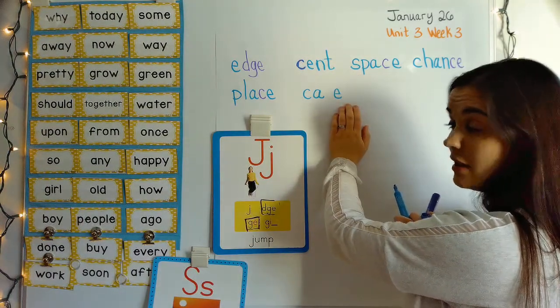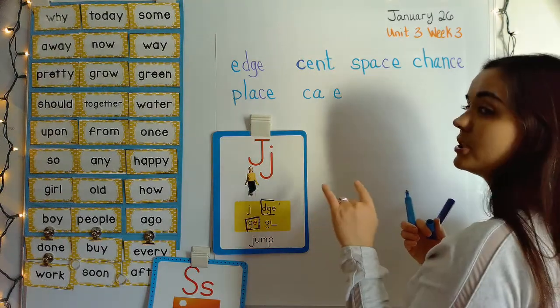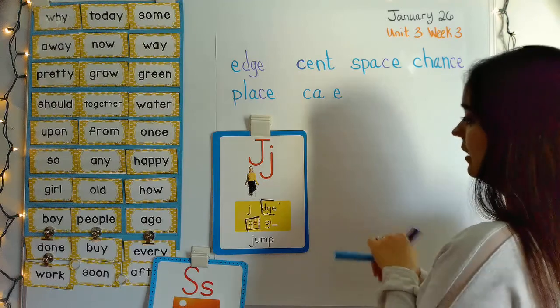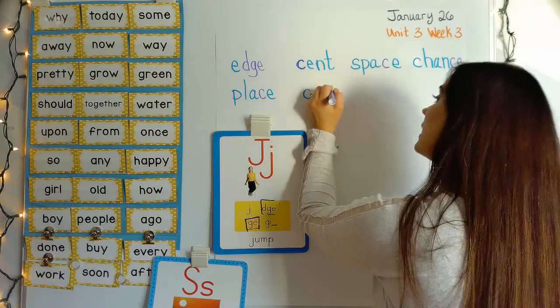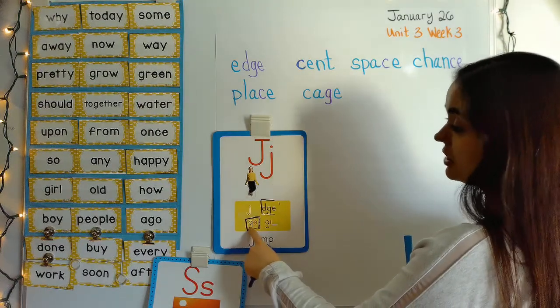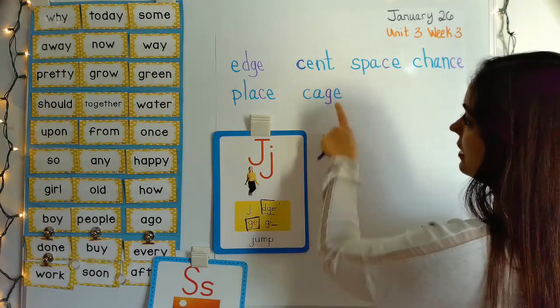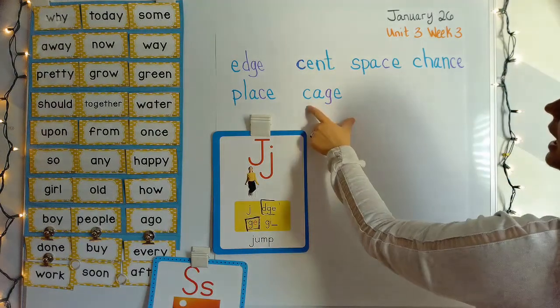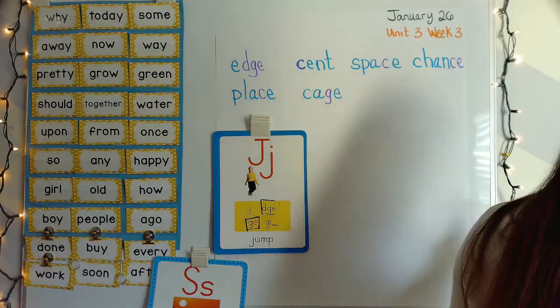That E comes along, and you put that E in the word, and it changes to long A. So ka. A. And G makes that J sound, that soft G it's called, G-E or J. All right, let's blend. Ka, age, cage.